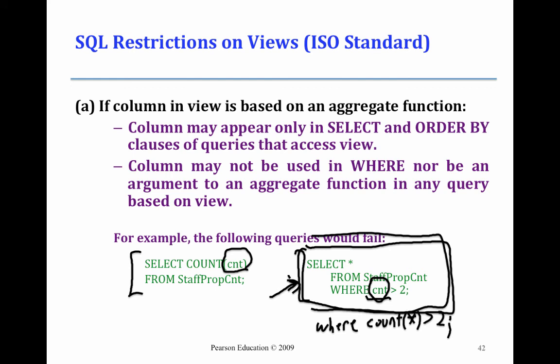Yes, Mark? So you're saying it's on the left-hand side of the inequality. Could you just switch it to the two? I'm assuming that's what the query optimizer is doing, or else it's just applying a loose interpretation of the ISO standard. So the answer is yes. Mark's question is, couldn't I just flip it and say where 2 is less than count?